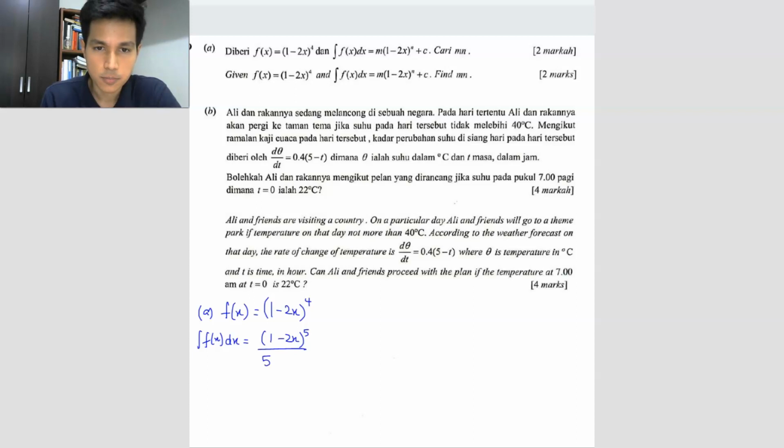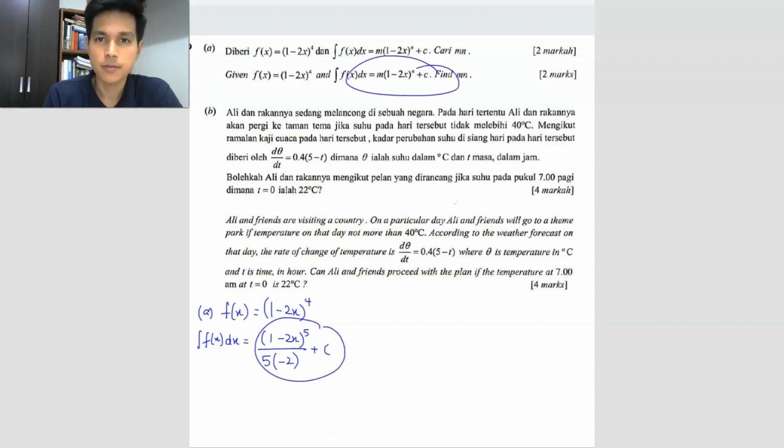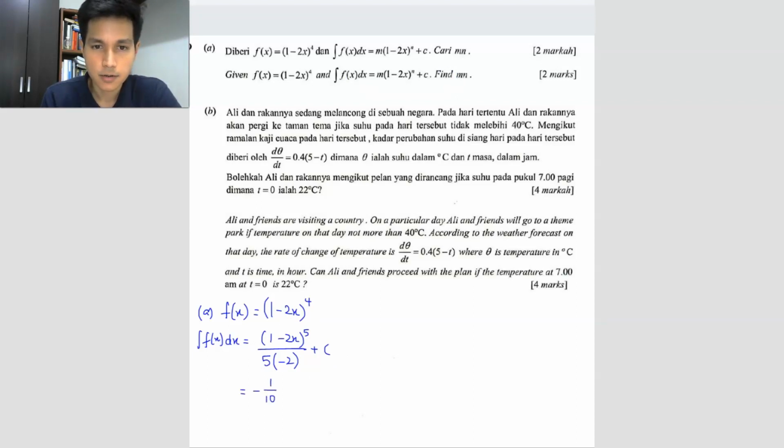But of course, don't stop there, you have to differentiate whatever is inside and write it at the bottom. So when you differentiate, you get negative 2. Then plus c. So if I write this in this format, it becomes negative 1 over 10 times (1 minus 2x) to the power 5 plus c.